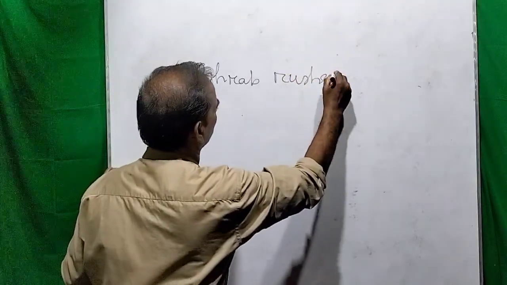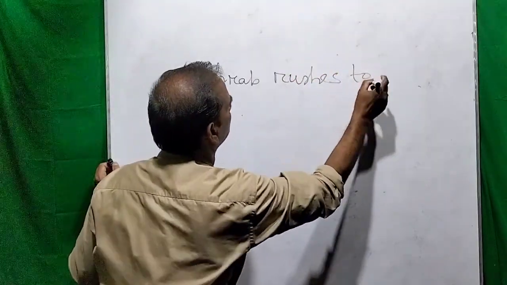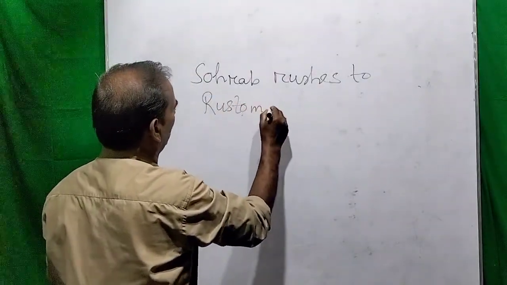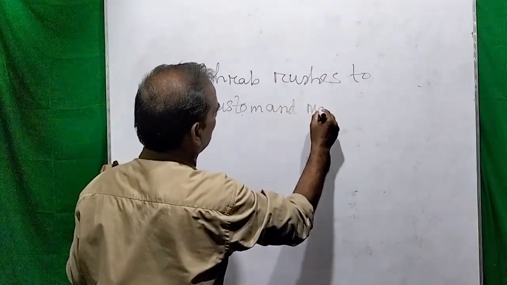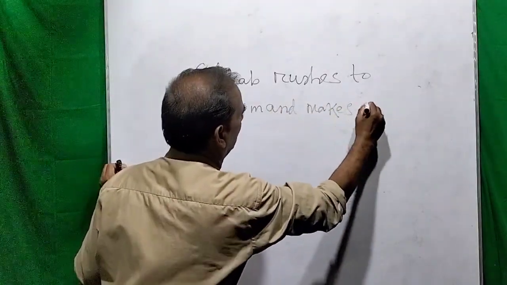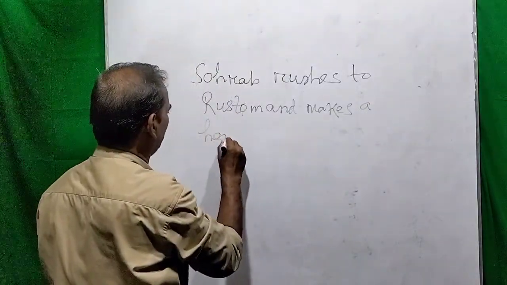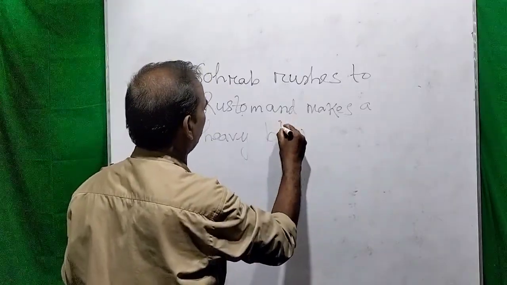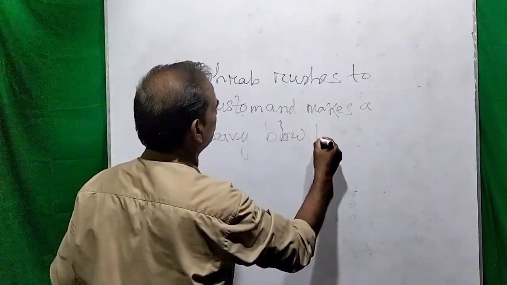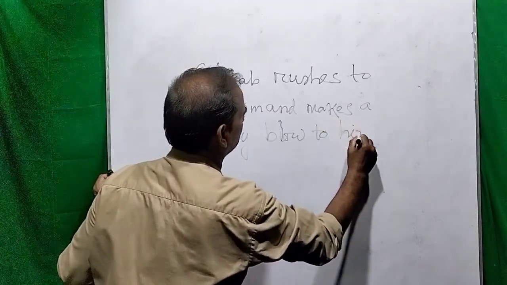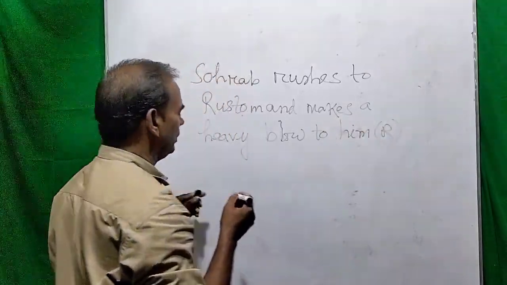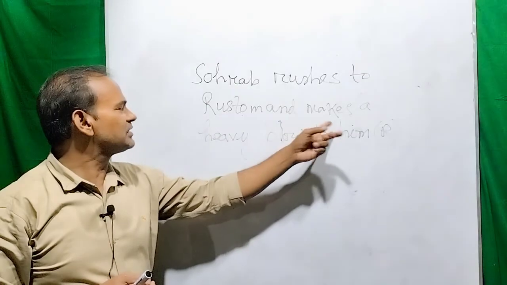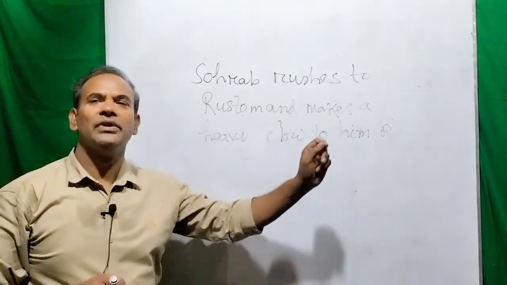Shohrab rushes to Rustam and makes a heavy blow to him.